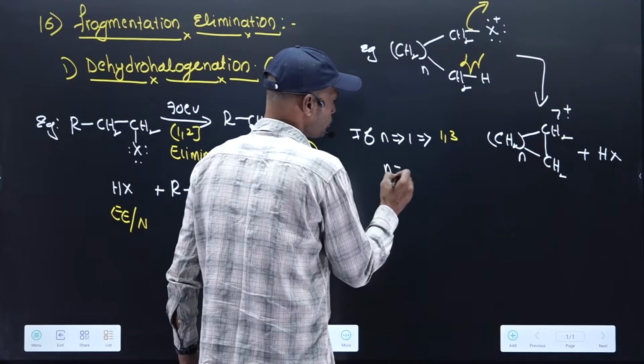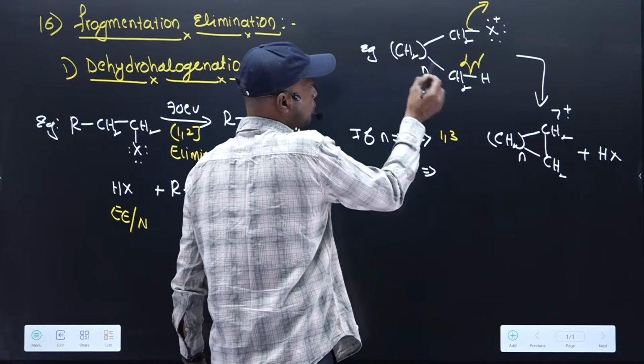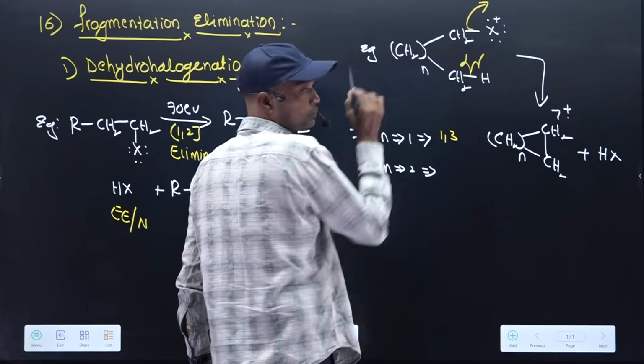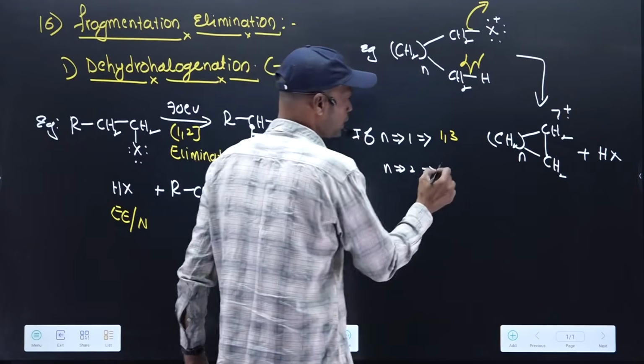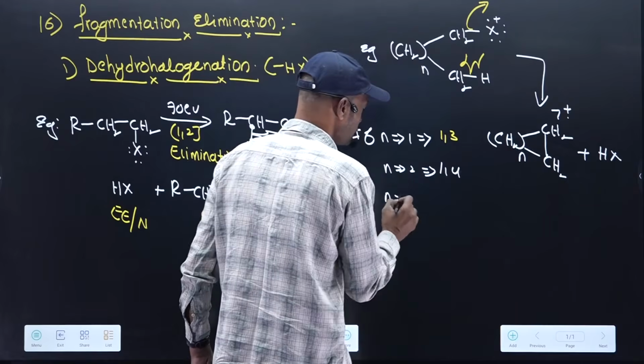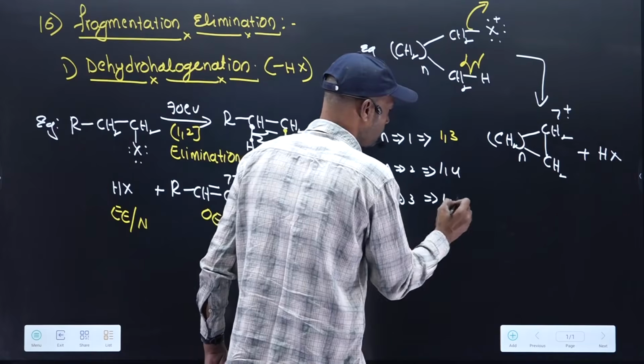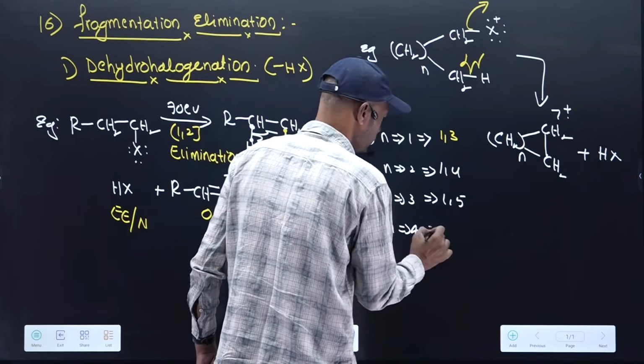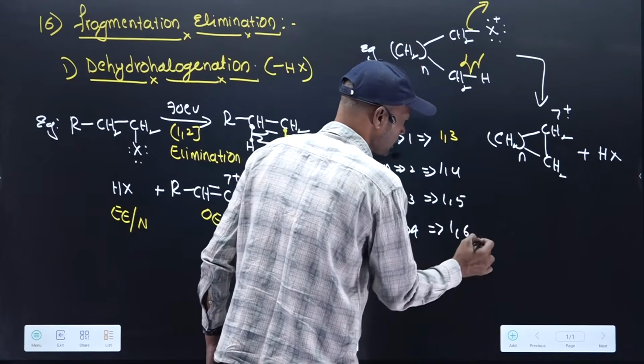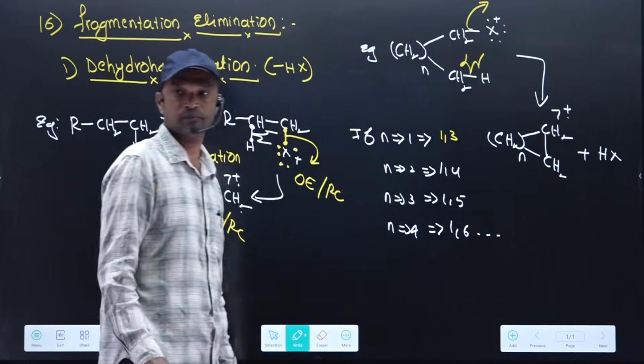Suppose n is equal to 2. Here if I write 2: 1, 2, 3, 4. So now what kind of elimination is it? 1,4 elimination. n is equal to 3: 1,5 elimination. n is equal to 4: then 1,6 elimination. Like this it keeps progressing.